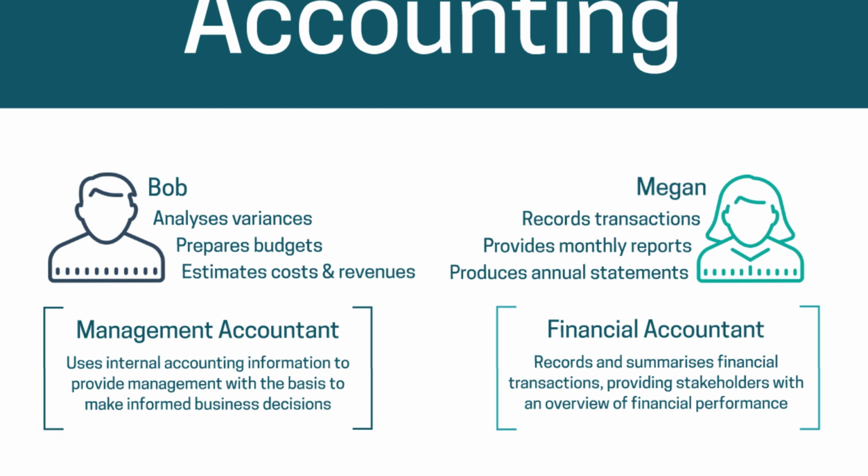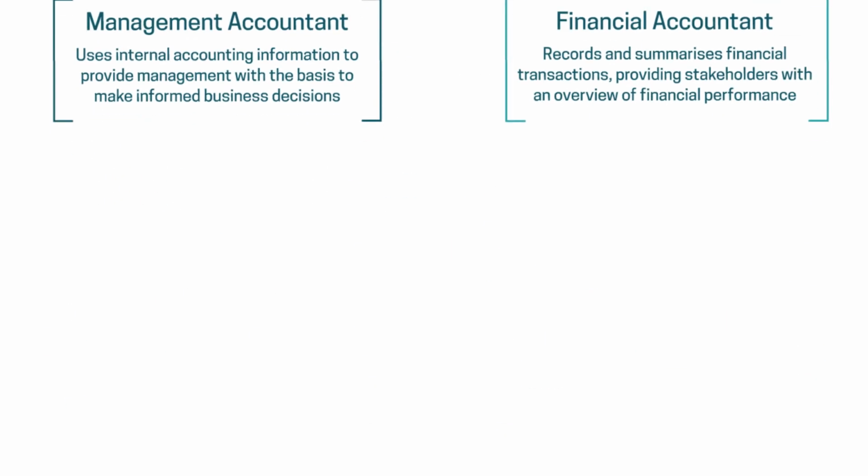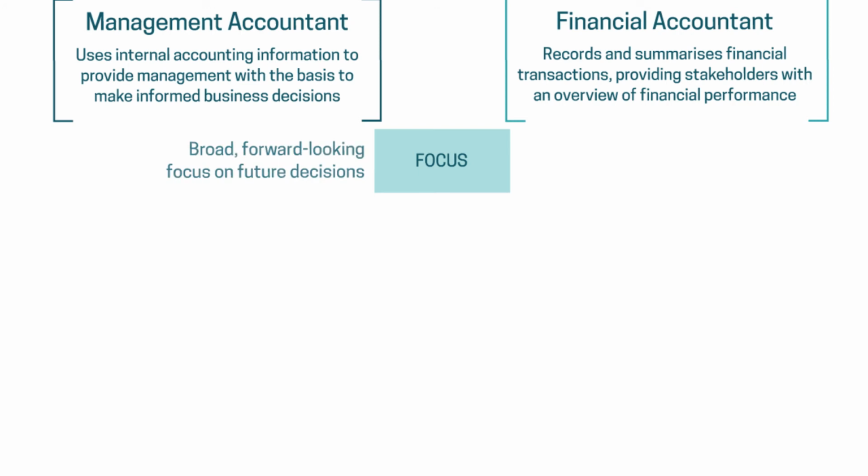So there are a number of key differences between these two types of accounting, and let's outline each of these and consider what Bob and Megan would do within each area, starting with the focus of each. Management accountants primarily have a forward-looking focus on supporting future decisions.